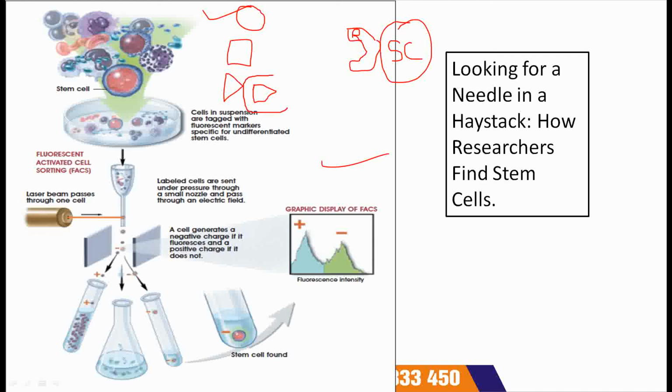You can see here this one is specific for the stem cell as it is the same as the receptor molecule. So it will go and bind with the stem cell. As we know, this particular molecule is specific for the receptor present on the stem cell, so whenever it binds with this stem cell, it will emit light. Why light? Because it is tagged with a fluorescent molecule, and when it emits light we can easily identify where our stem cell is present.